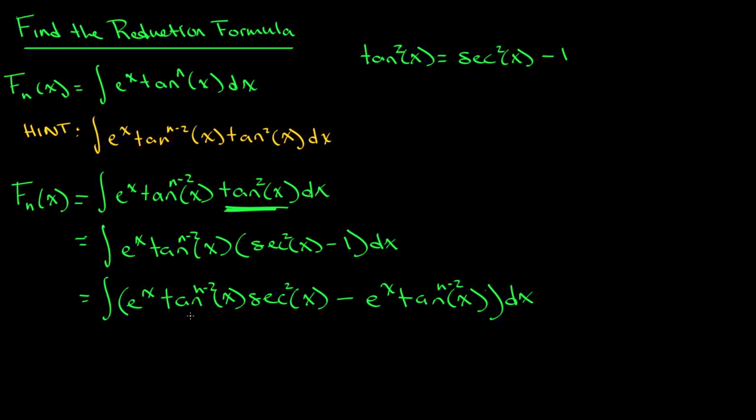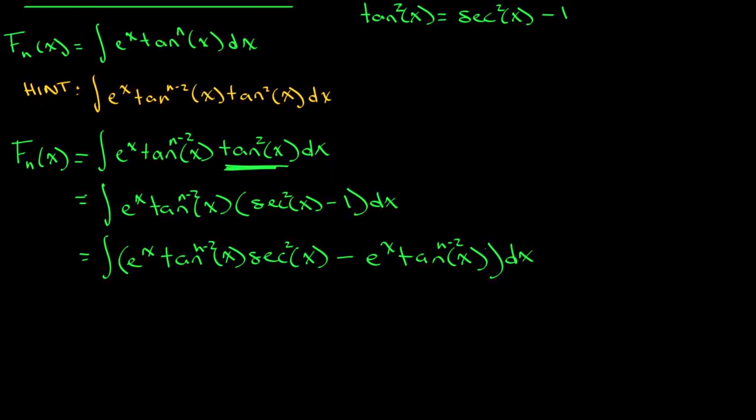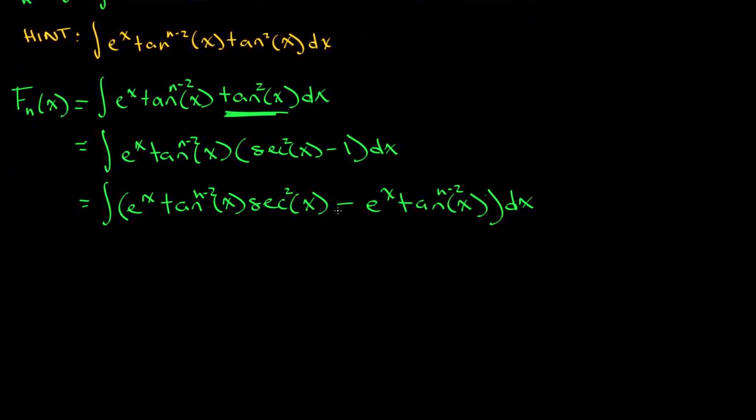And what we can do now is apply one of our integral properties. We can split this into two separate integrals, and you're going to see that we're going to get something cool out of this that will allow us to start making some progress on our reduction formula. So let's split this into two integrals. We have one indefinite integral, which is going to be e to the x times tangent of x to the n minus 2 power, and then times secant of x squared, integrating with respect to x.